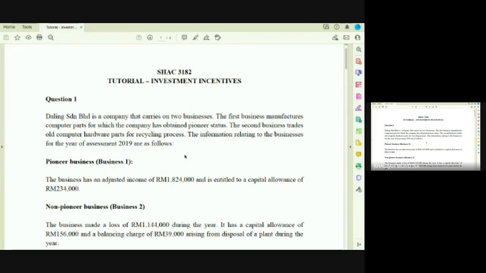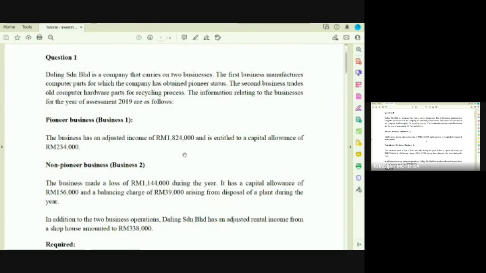Question number 1: Darling Sedia Berhad is a company that carries on 2 businesses. The first business manufactures computer parts, for which the company has obtained pioneer status. The second business trades in computer hardware parts for recycling. The information relating to the businesses for the year of assessment 2019 is as follows.